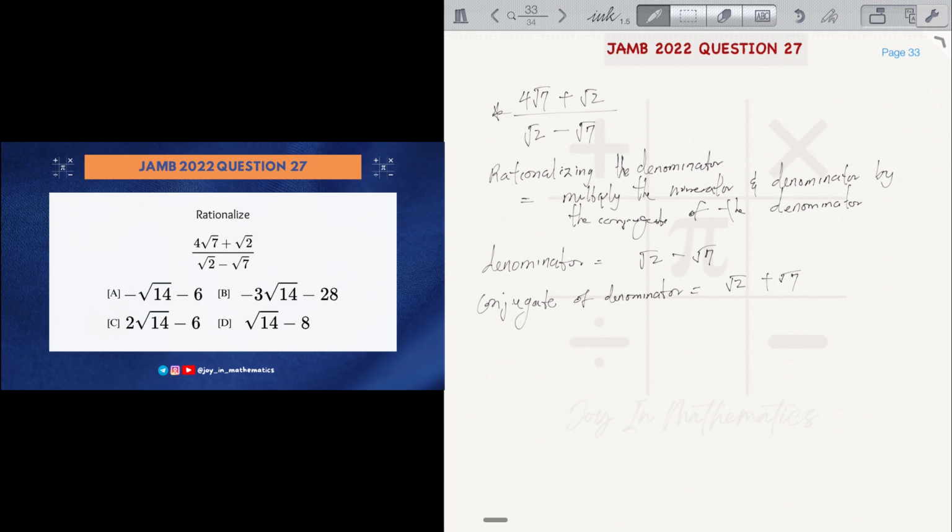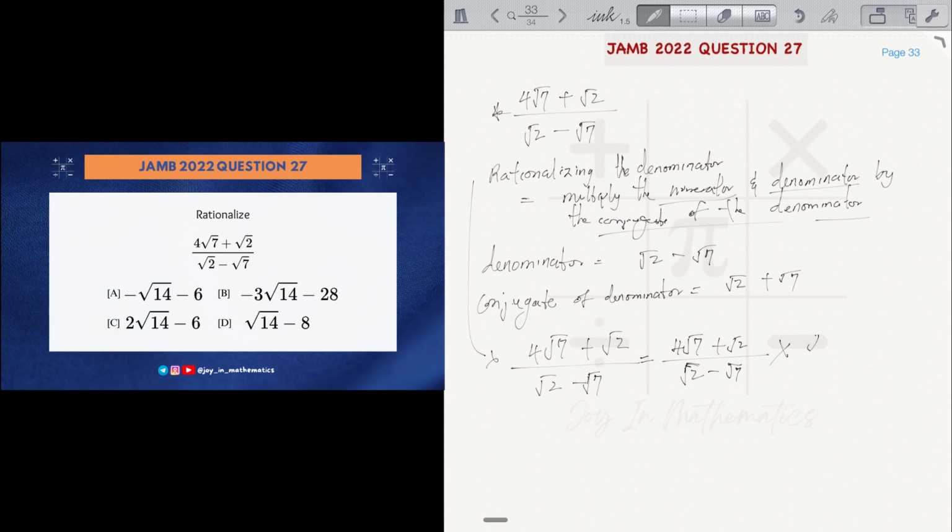So let's rationalize this expression, 4 root 7 plus root 2 divided by root 2 minus root 7. We know that this will be equal to 4 root 7 plus root 2 divided by root 2 minus root 7, and we're going to multiply the numerator and the denominator by the conjugate of the denominator.